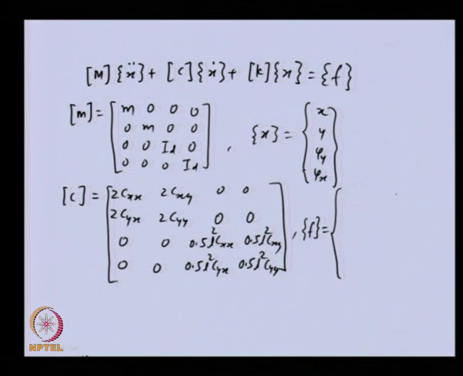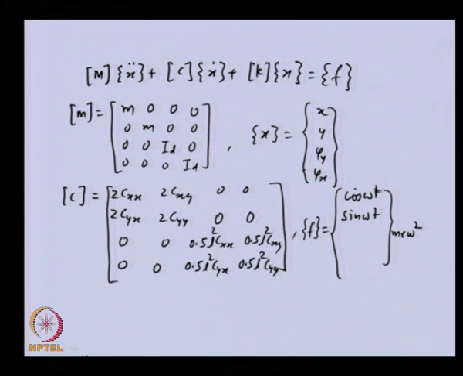The force will take the shape of, because I am taking something common here, m e omega square, that is common. Apart from that we have cos omega t and sin omega t in the x and y direction.